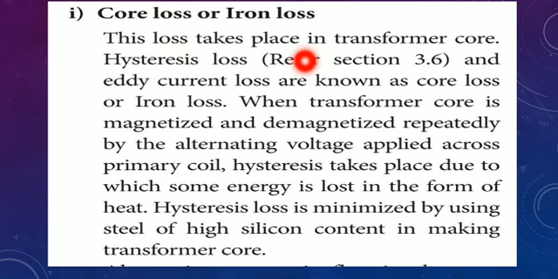This loss takes place in the transformer core, and hysteresis loss and eddy current loss are known as core loss or iron loss. When the transformer core is magnetized and demagnetized repeatedly by the alternating voltage applied across the primary coil, hysteresis takes place, due to which some energy is lost in the form of heat.